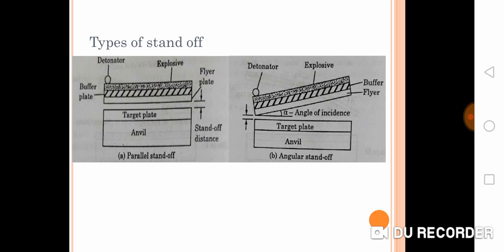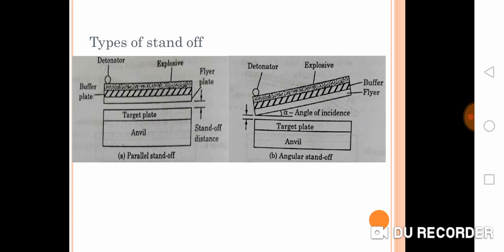Now in this process you can keep two types of standoff, that is parallel standoff and angular standoff. As you can see in the figure, in the parallel standoff, both the flyer plate and target plate are kept parallel. But in the angular standoff you can see the flyer plate is kept at an angle compared to the target plate, so that there is an angle of approach for the flyer plate to the target plate.